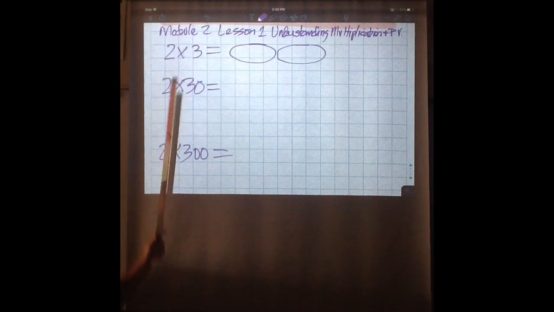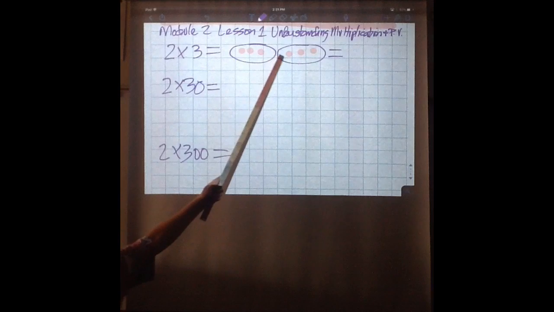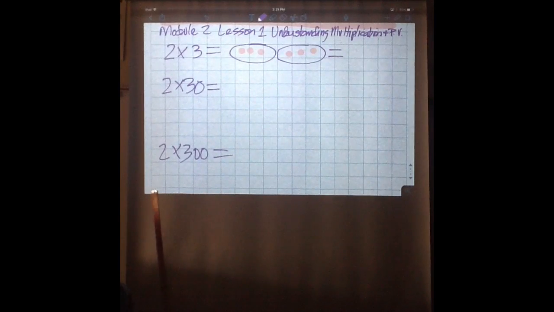Now how many items am I going to have in each group? Well, I'm going to have 1, 2, 3 items in each group. Now what's our total here? Well, our total is 3 plus 3 is 6. Now that's 6 what? Well, that would be 6 ones, right? Because each one of these is a 1. 1, 2, 3.